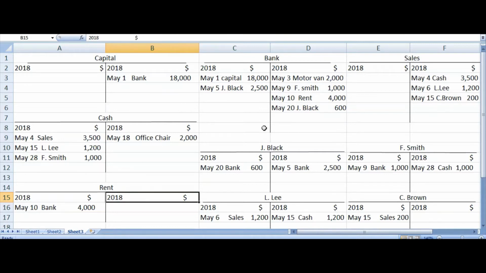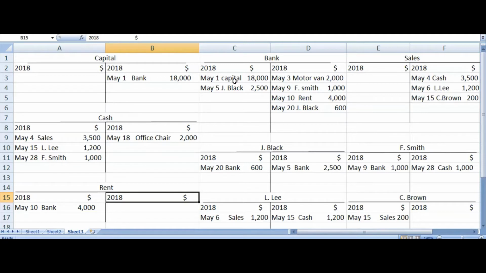So quickly, if we looked at capital May 1, we would know that the proprietor put some money into the business by bank, so we would credit the capital account. And then when you go to the bank account, you will see a debit of $18,000, the detail being capital. So I have gone ahead and completed the double entry and prepared the accounts.